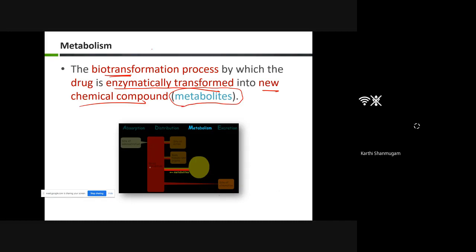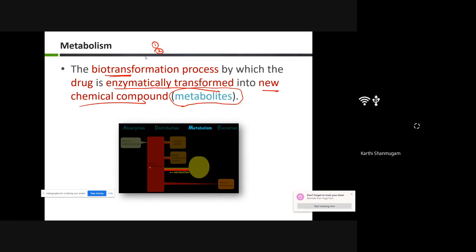Again, the main points related to metabolism: first, it's a transformation process, not a translocation process. Second, why does metabolism take place? Drug molecules naturally have more lipid solubility compared to water solubility.